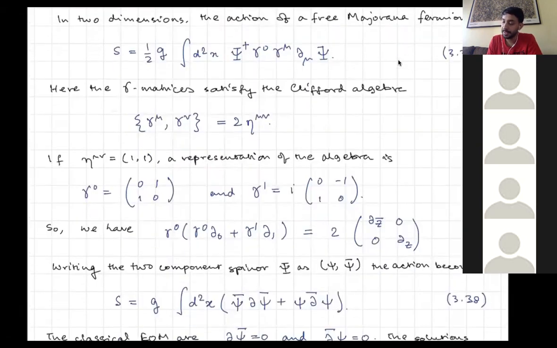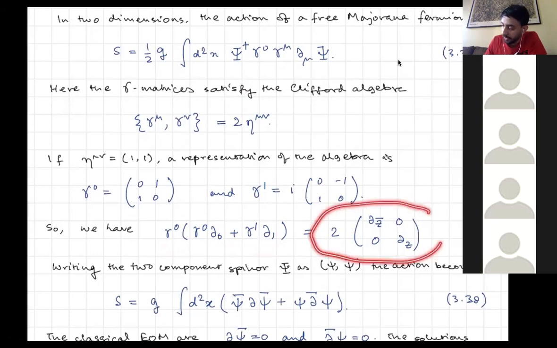So if you look at this part of the action, gamma mu del mu just turns out to be this matrix where there's a del z bar piece and a del z piece.